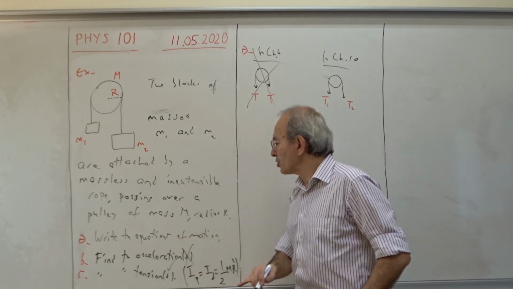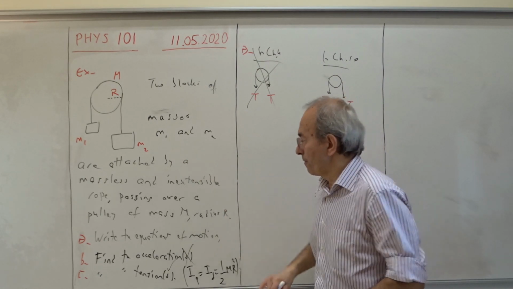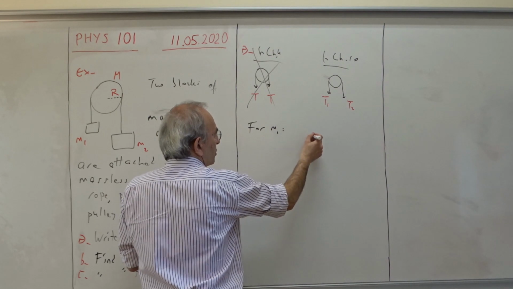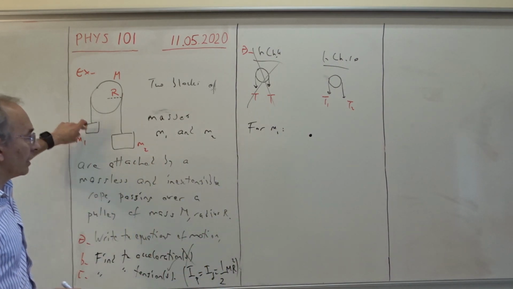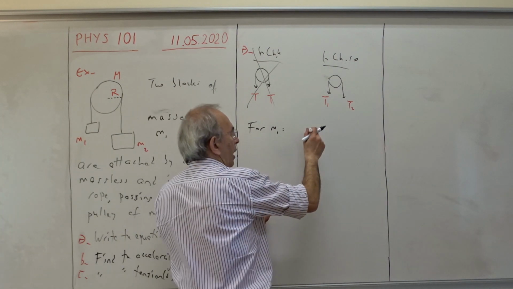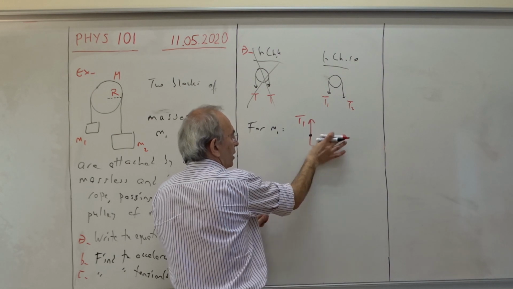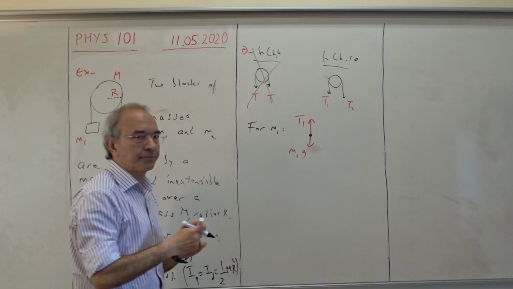Alright, write the equations, of course, but draw the free body diagram first. For M1, this is the object representing the block. What are the forces acting on M1? Upward force is the tension T1, downward force is the weight M1g.